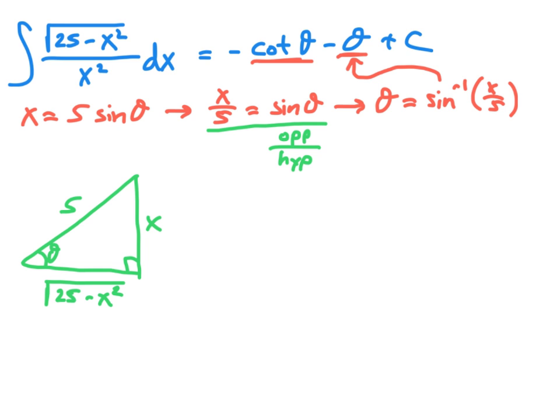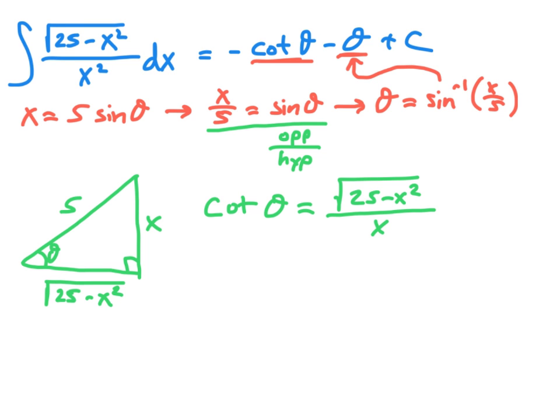And so once we know all three sides of the triangle, we're able to write down all of the trig functions of that particular angle. And so the cotangent of theta is going to be the adjacent side, which is the square root of 25 minus x squared, divided by the opposite side, which is x.